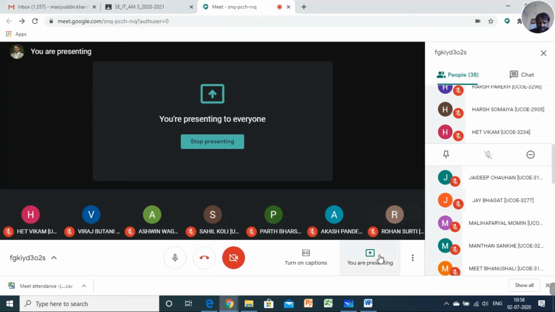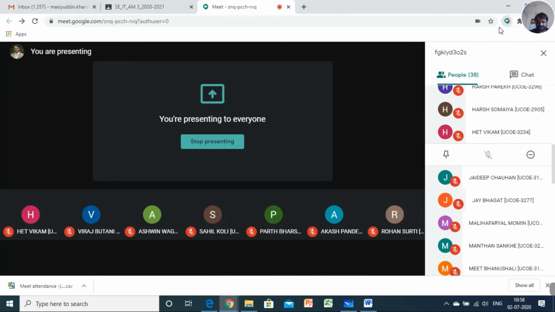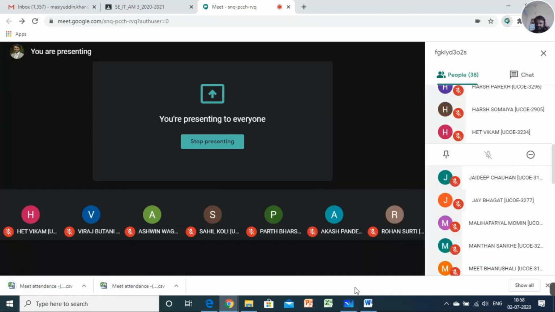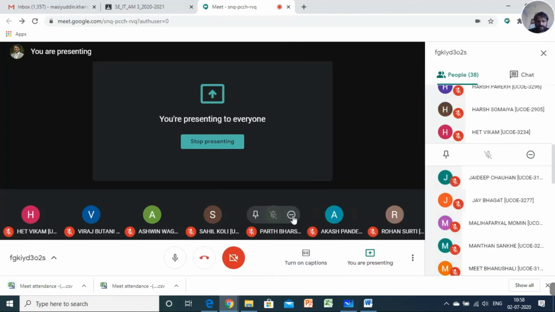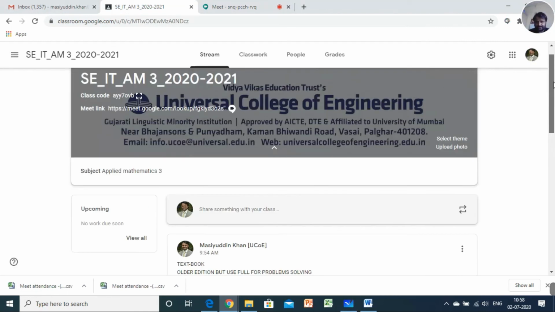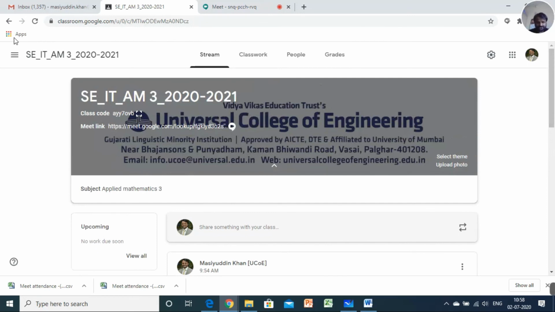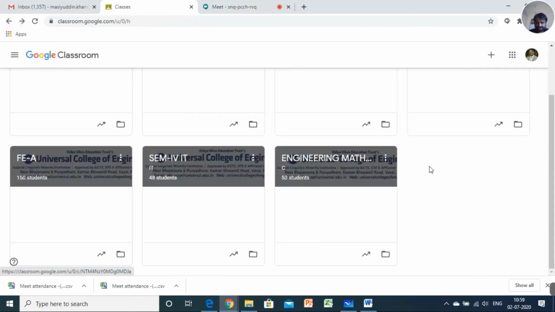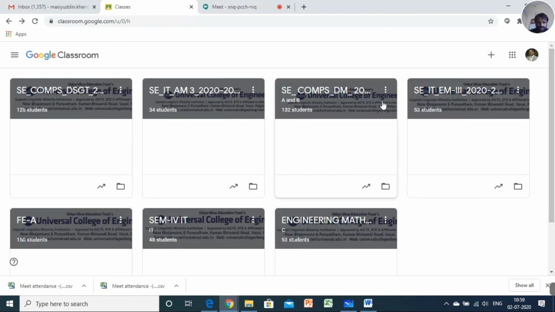If you have any doubts regarding Laplace transform, you can ask. I'm going to take attendance one more time, because I can calculate the highest numbers, so please try to understand. And one more thing, those who have not joined the classroom, because in the classroom it is clearly mentioned how many students are in my classroom for Applied Mathematics 3, the newest group or the new classroom which I created.